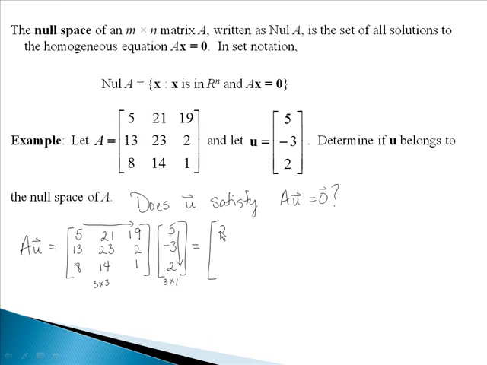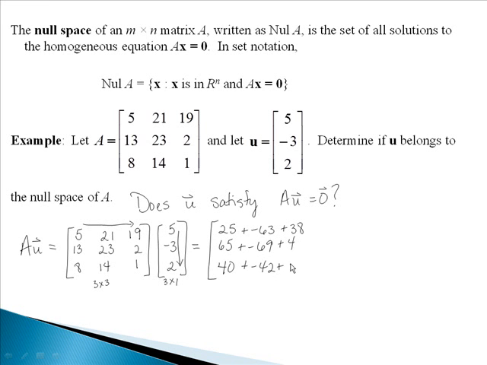So we've got 25 plus negative 63 plus 38, and then for the second entry we have 65 plus negative 69 plus 4, and for the third entry, we have 40 plus negative 42 plus 2.